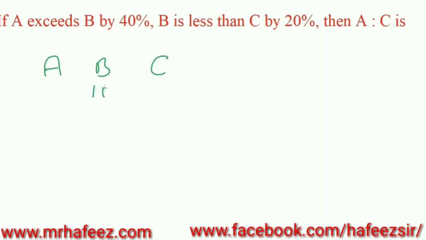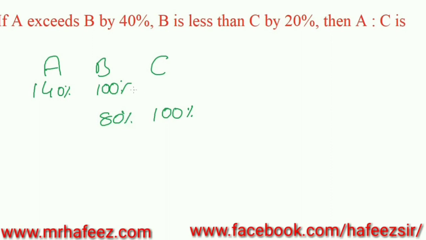If A exceeds B by 40%, and A, B, C are there: if B is 100%, A is 140%. Yes or no? Yes. And now B is less than C by 20%. So that means if C is 100%, then B is 80%.